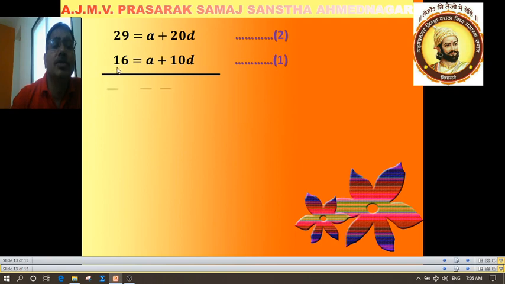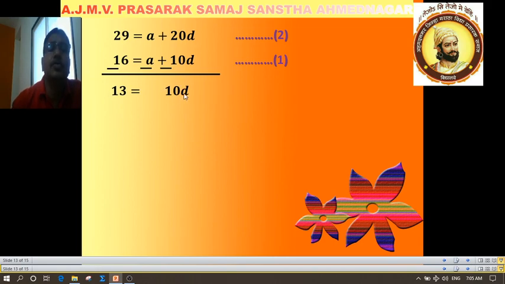We get minus 16 minus a minus 10d. Then take addition. So 29 plus minus 16 we get 13, plus a minus a gets 0, 20d minus 10d we get 10d. So 13 is equal to 10d.